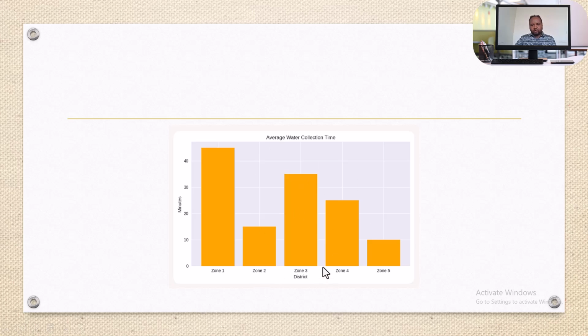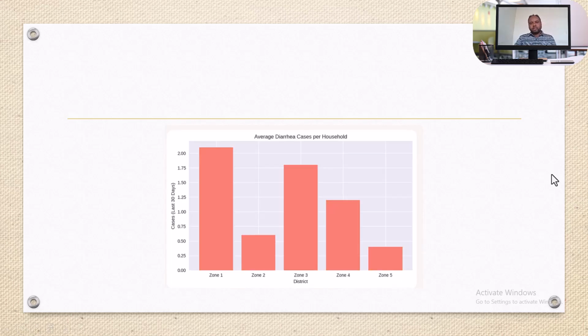Whereas zone 2 and zone 5 have low water collection time. And we can similarly understand average diarrhea cases per household across districts in Afar. For example, zone 1 and zone 3 are now displaying the highest diarrhea cases per household.